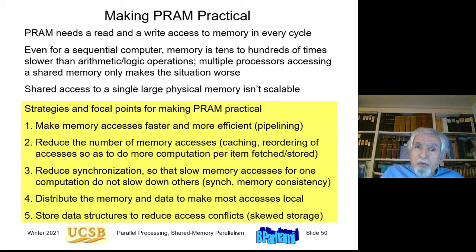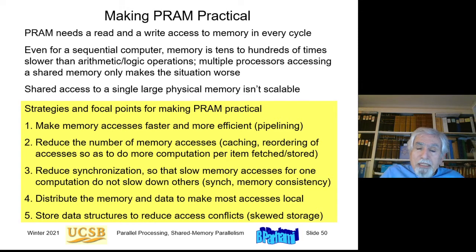Now, even for a sequential computer, memory is already tens to hundreds of times slower than arithmetic logic operations on the processor. Therefore, memory is a bottleneck. Remember, we talked about the memory wall. Now, if multiple processors have to access a shared memory, this can only make things worse, because the memory now has to service multiple processors rather than just one processor.